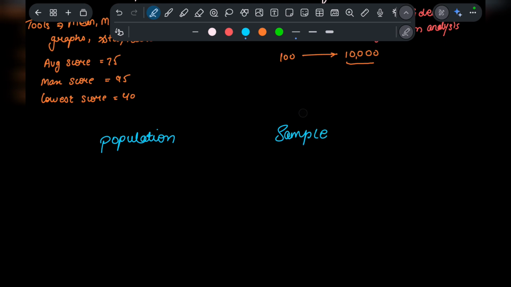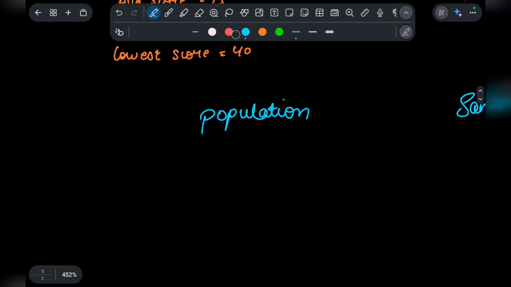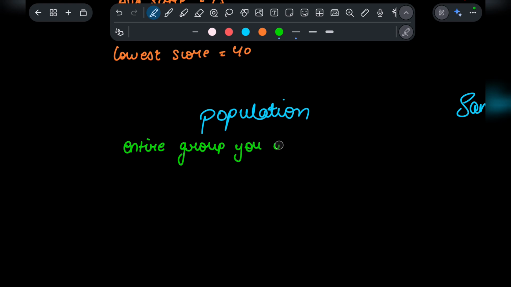Talking about the population first, the population is the entire group you want to study. For example, all 10,000 students in a university. If you want to know the average height of the students, the population is every single student.